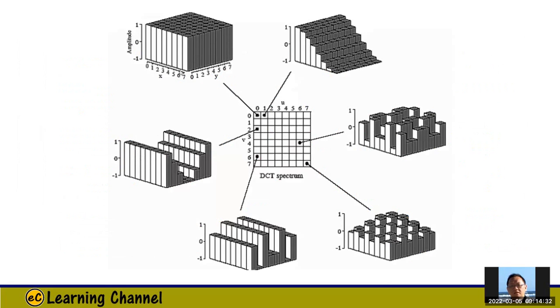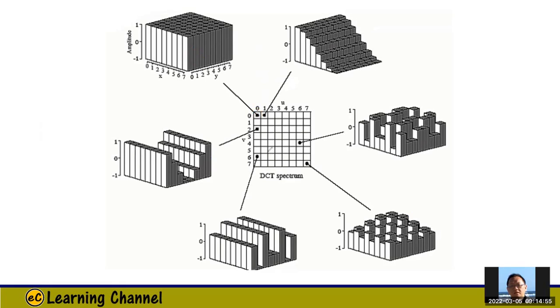Basically, the DC term is taking the average of your original signal. It's happening on this corner, 0, 0: X dimension 0, Y dimension 0. We are talking about the frequency domain.